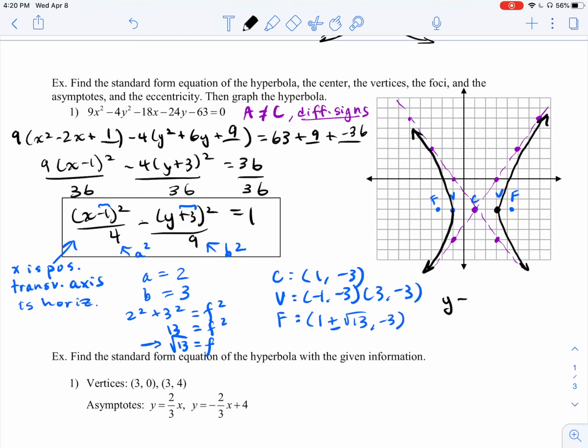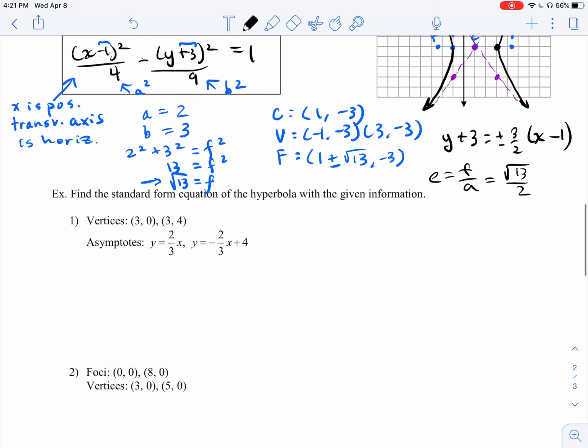So y minus negative 3, so I'm just going to write y plus 3, is equal to plus or minus, and ask yourself, we've got plus or minus 3 over 2, x minus 1. There's our asymptote equations. And I am also noticing that the directions ask for the eccentricity. Eccentricity is just equal to f over a, which in this case is going to be root 13 over 2, right?